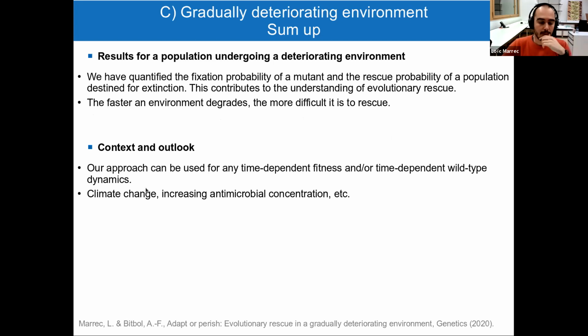And so yeah, here I applied my approach to the question of antimicrobial resistance, but it is valid for any time-dependent fitness and all time-dependent wild-type dynamics. And so it's very interesting to study climate change, increasing antimicrobial concentration, etc.